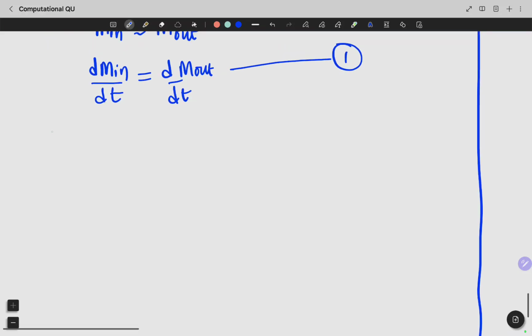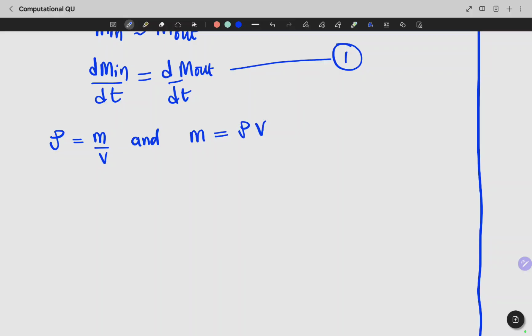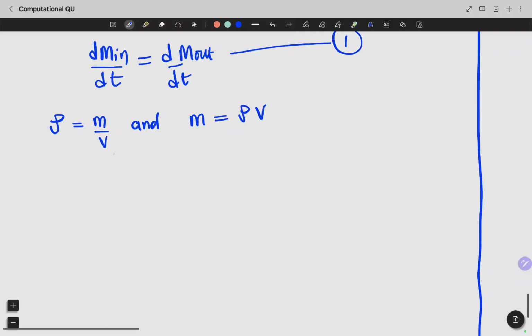So to take the volume of the container into account, you can say that density is mass over volume, and you can now say mass is density times volume. And this gives you the opportunity to rewrite equation 1. So d by dt of rho V.